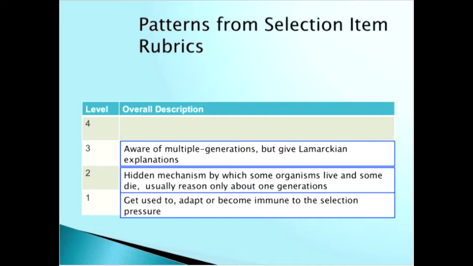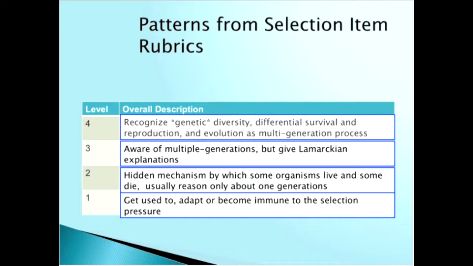The third might be aware of multiple generations, but gives an inappropriate mechanism, in this case a Lamarckian explanation. And then the fourth would recognize that there's genetic diversity, differential survival and reproduction, and evolution as a multi-generational process. So what we see then are, again, the principles being applied in an appropriate manner.